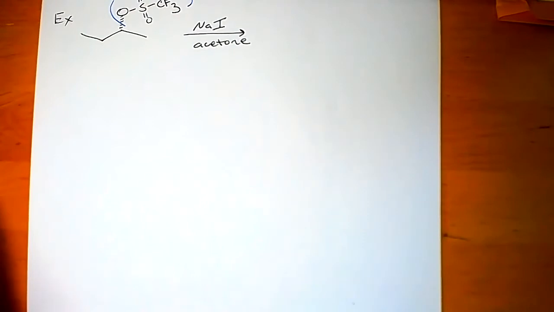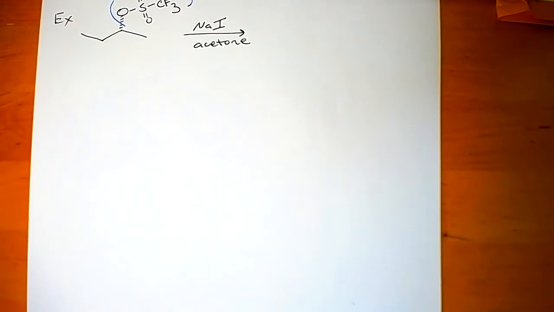So this is actually a very good leaving group. This whole thing is what's referred to as a triflate. Okay, and so those are good leaving groups. And that's one of the things you can turn an alcohol into to turn it into a good leaving group. And we'll see that in chapter 11.